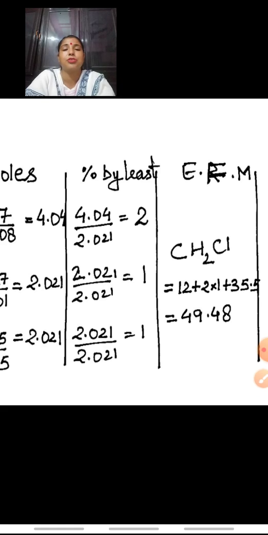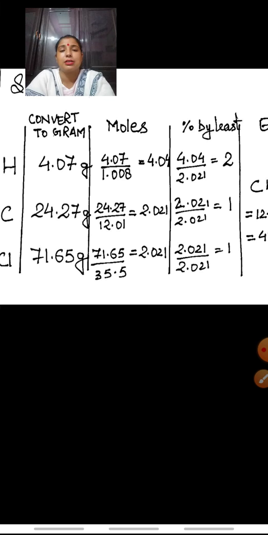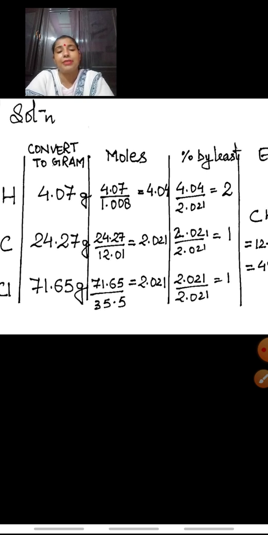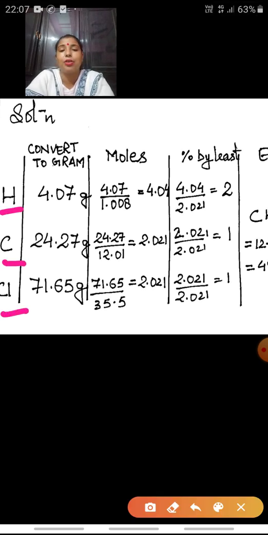In the first column, we were having the three elements, hydrogen, carbon and chlorine. Now, what was given? The percentage composition was given. First of all, we write that percentage composition in grams.